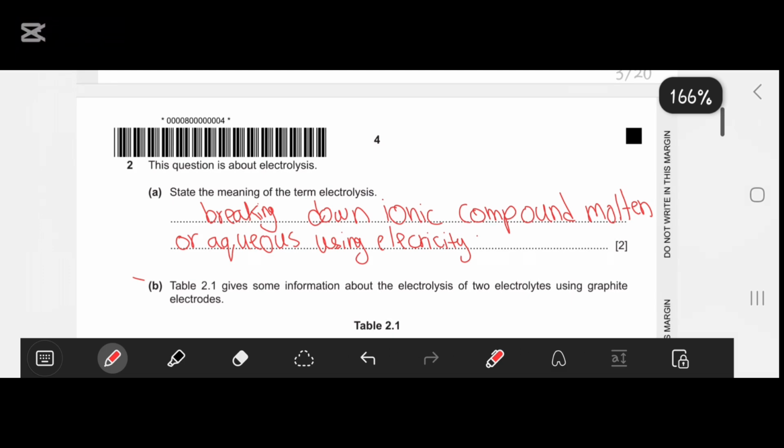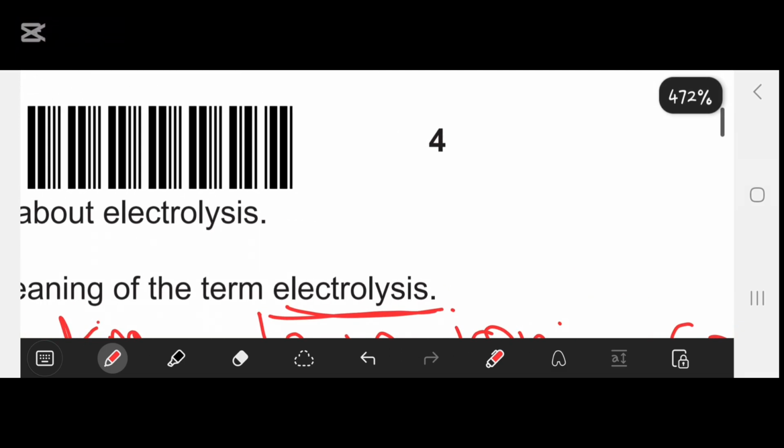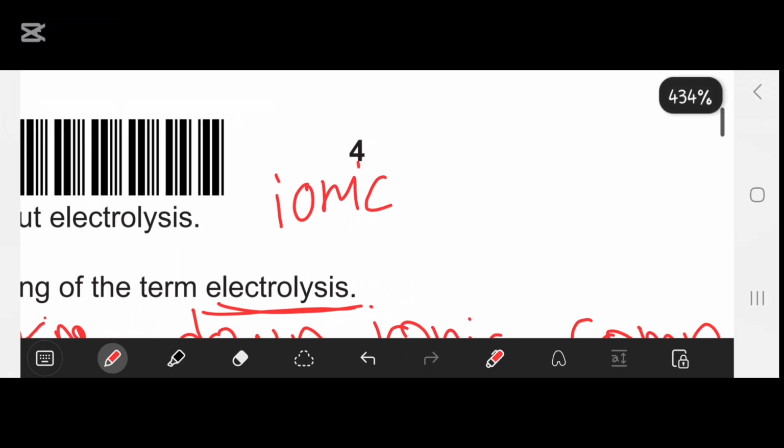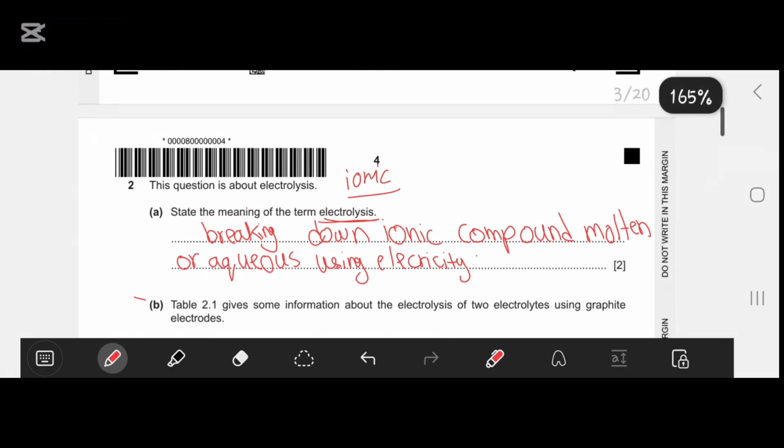State the meaning of the term electrolysis. Generally, if you took electrolysis, you will know that we take ionic compounds, not covalent, not metallic, only ionic. We break them down with electricity. The meaning of electrolysis is breaking down ionic compounds in molten or aqueous state, so that the ions are free to move, using electricity.